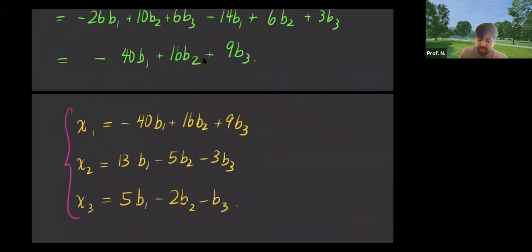Each part of the solution has to be expressed as a linear combination of b1, b2, and b3. And my question is, what is the condition on b1, b2, b3? They can be any constant. Yes. The condition is there is none.